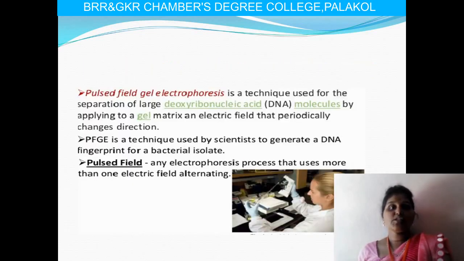Pulsed field gel electrophoresis is a technique which separates large DNA molecules by applying a gel matrix and an electrical field that periodically changes direction.